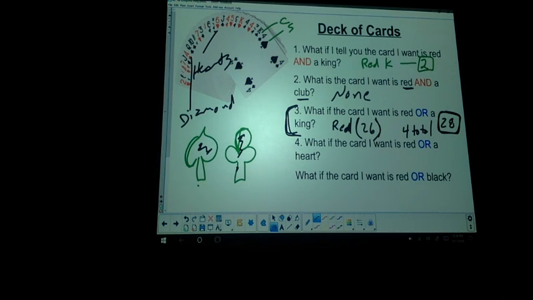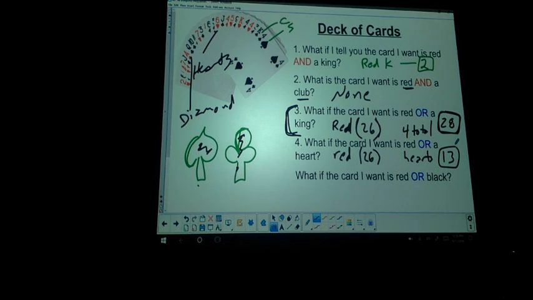What if the card I want is red or a heart? How many are red? How many are hearts? How many hearts are red? Is hearts a red card? There's 13 of them. Okay, what if the card I want is red or a heart?